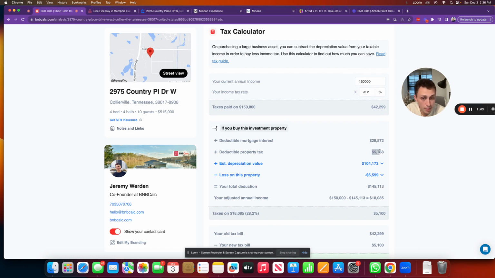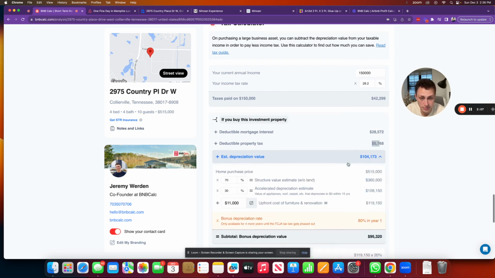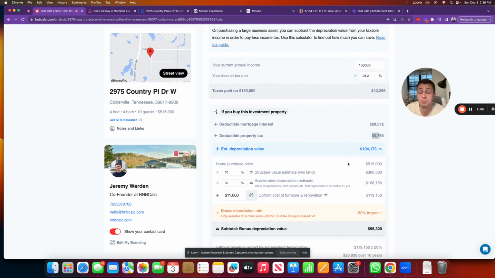You can write off your property tax. And then this is where the short-term loophole comes into the situation, with depreciation. So we have the home purchase price of 515 grand. With normal depreciation, you can write it off on, I think, either a 26 and a half year schedule, or some accountants say it's like a 30-something year schedule because of the use of the property.